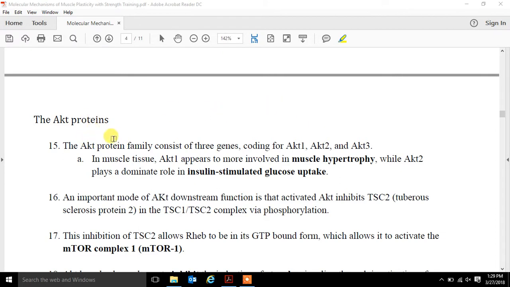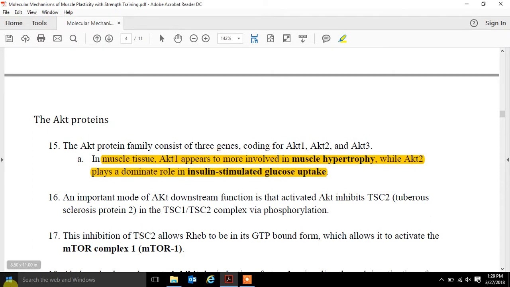It's a family. We say AKT as physiologists, but we don't get very specific from there. It's like calling someone a basketball player, but there are different positions, same with football and everything else. So there are different subcomponents of this AKT family.